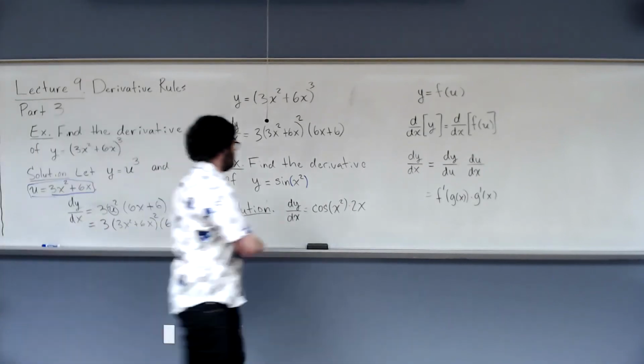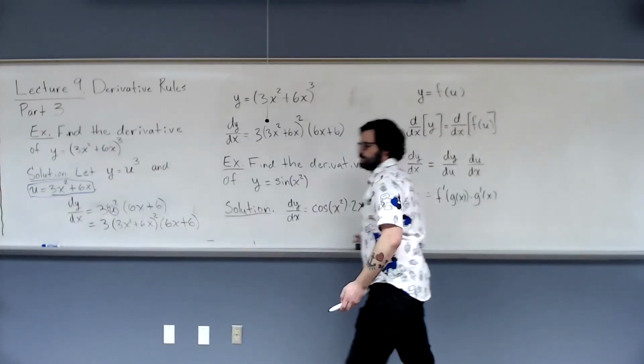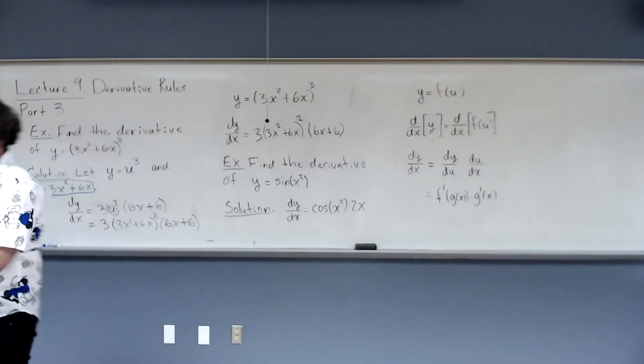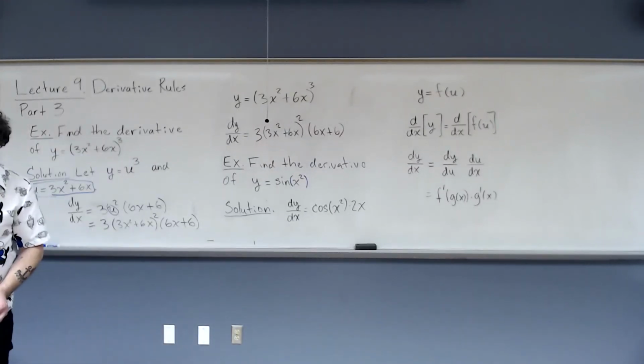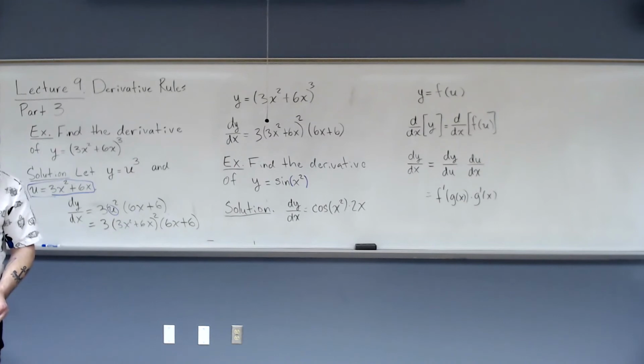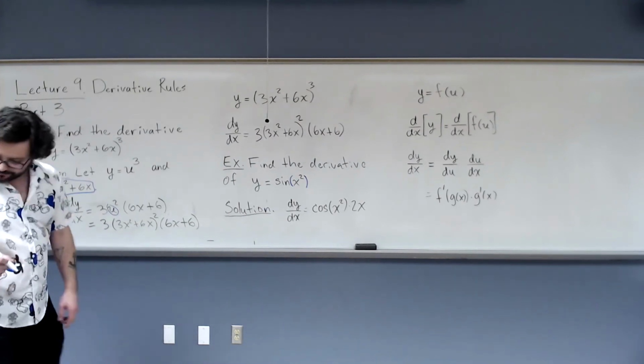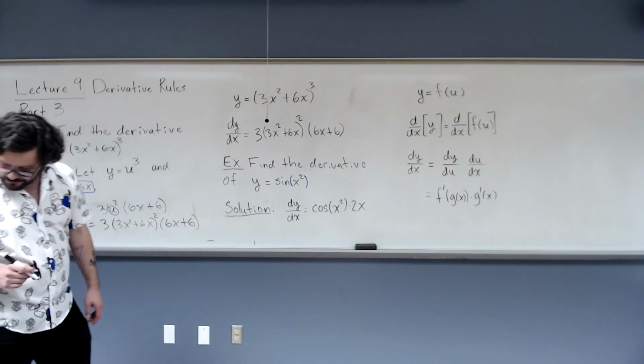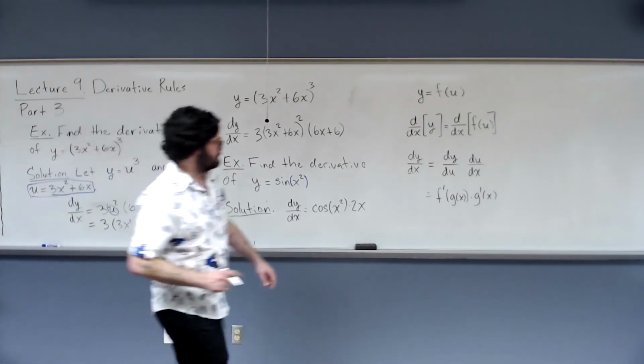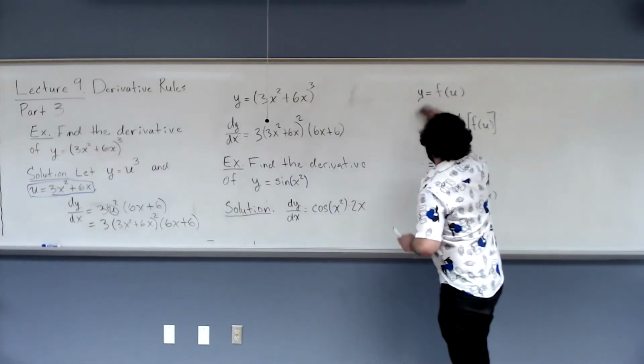So let's try another one. Let's do some more examples. The example that I made is so similar to the first example of the textbook. Cubed squared, it's a weird one. Same thing.